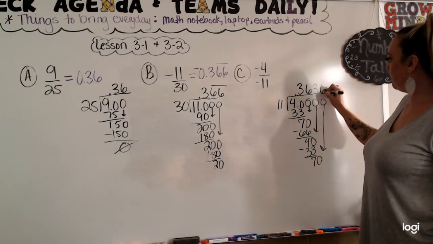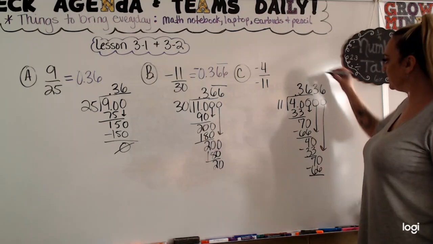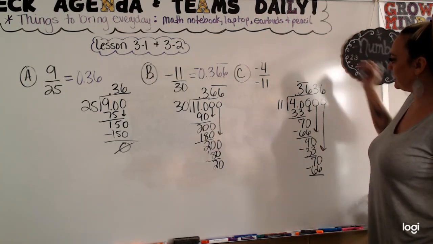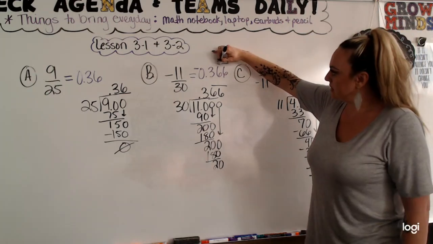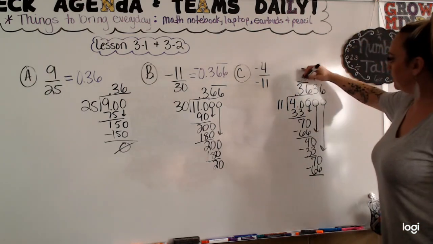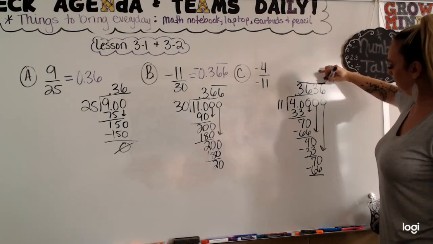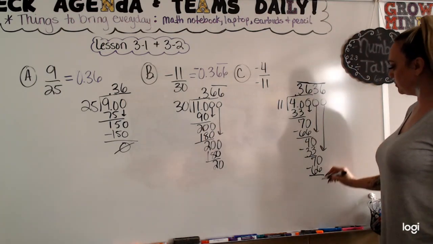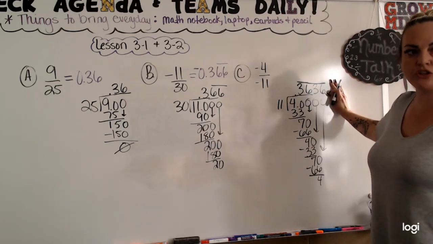So what's going to happen is it's going to keep repeating, but this time it's the 3 and 6 that repeat. Over here, it was just the 6, right? But here it's the 3 and 6. Now I can do that since I've already written all those numbers out. But once you find the pattern, you're good to stop.